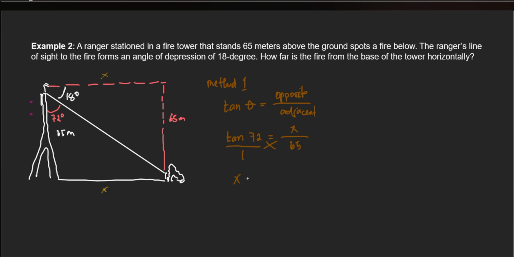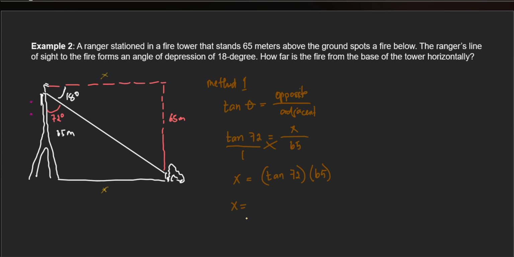Okay? Now, same process pa din, you have to cross multiply this one. So we have x here is equal to tan 72 multiplied to 65. So same pa din, if you have your calculator with you, you can input a tangent. Okay, so we have tangent 72 then multiply to 65.